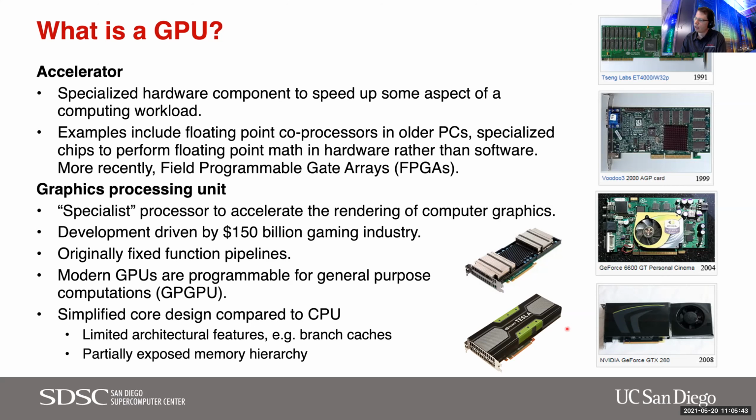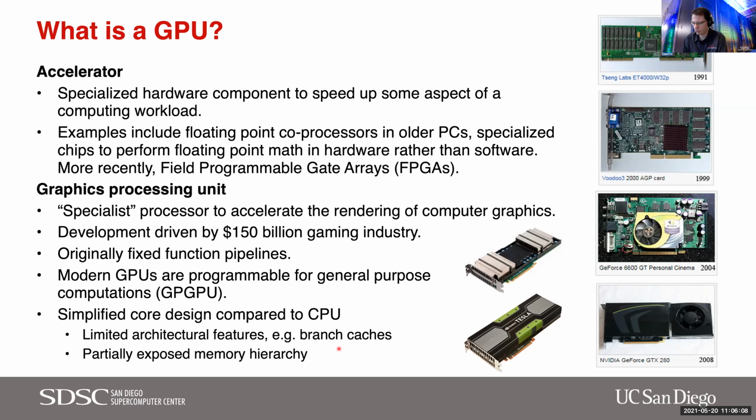And they don't look any different nowadays, but you have GPUs, of course, not only that go into PCI Express slots, but also that are sitting as processors directly on the motherboard. The important piece is that they have a simplified core design compared to CPUs, which means limited architectural features like branch caches and a partially exposed memory hierarchy that you actually should be aware of when you program GPUs.